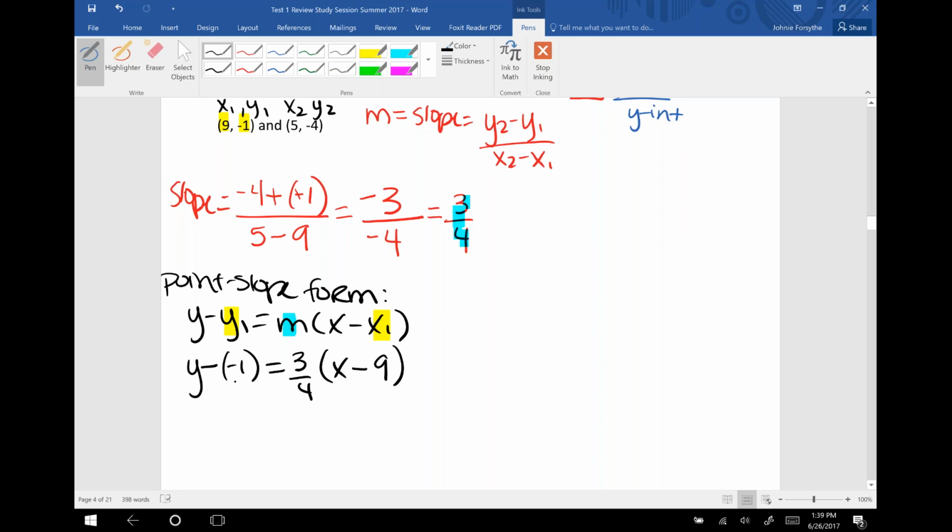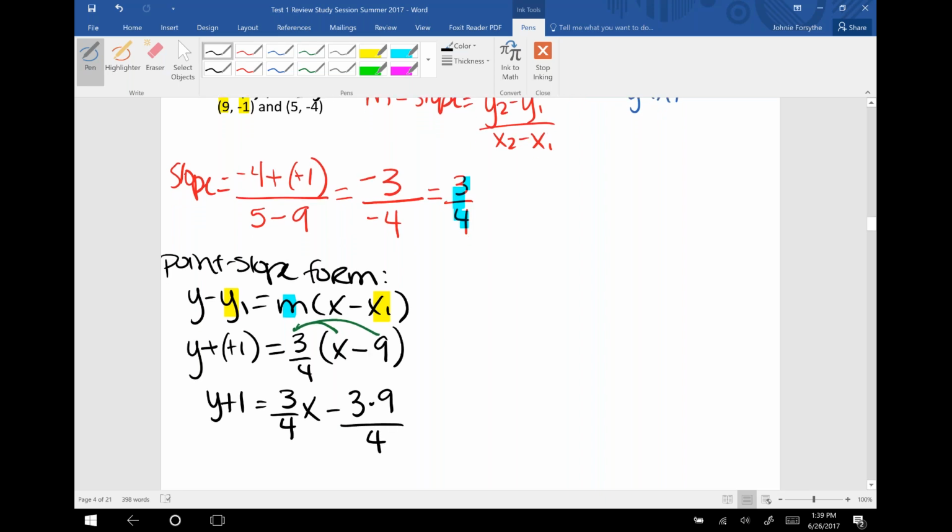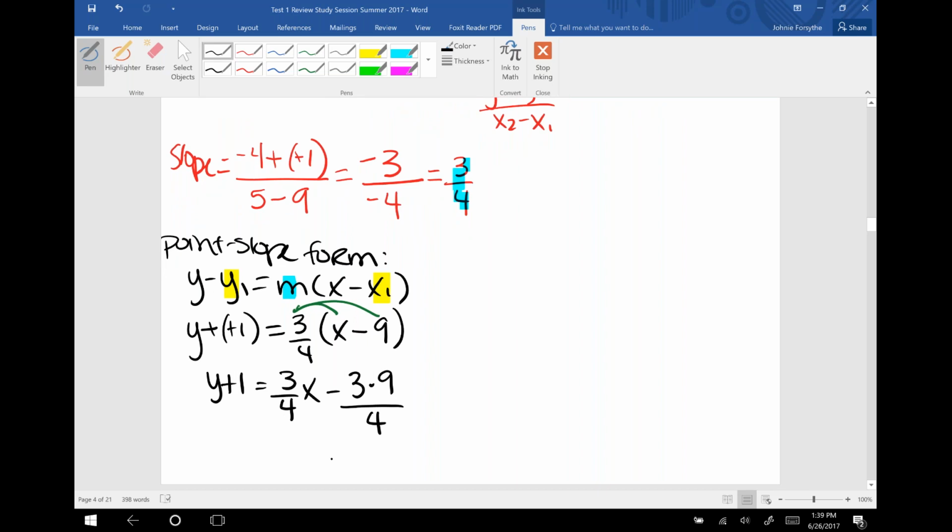Okay, so let's simplify this. So y minus -1 becomes y plus 1 equals 3/4. We're going to distribute with the x, so that's 3/4x, and then 3/4 times -9 is going to be -3 times 9/4. Okay, so now 3 times 9 is -27/4.